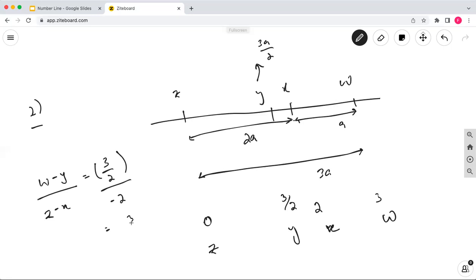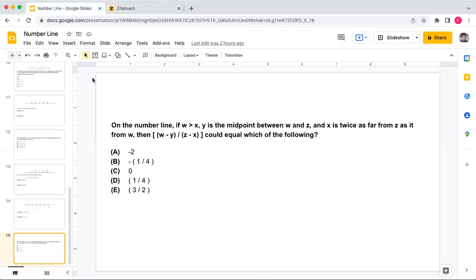So the answer will be (3/2) over -2, which is -3/4. And -3/4 is not a given answer. So the only given answer which is possible is B, -1/4. So everyone got this? You just have to see multiple scenarios.